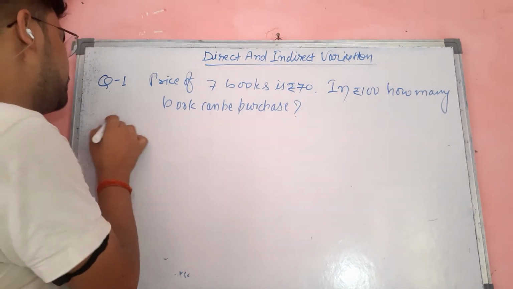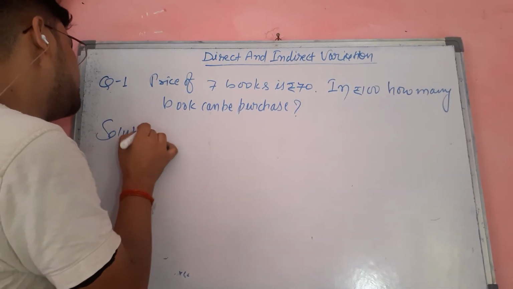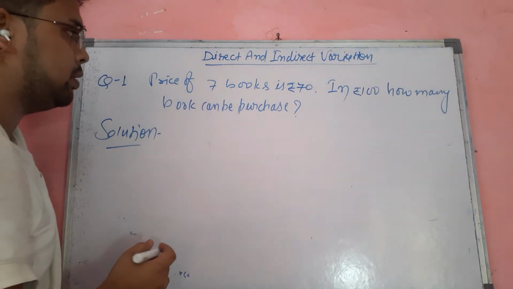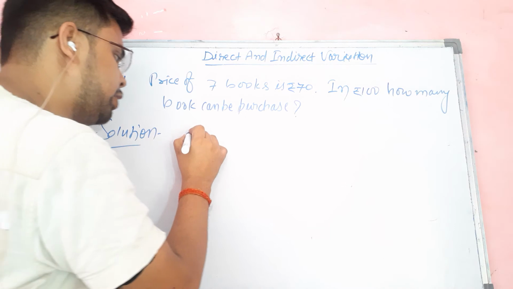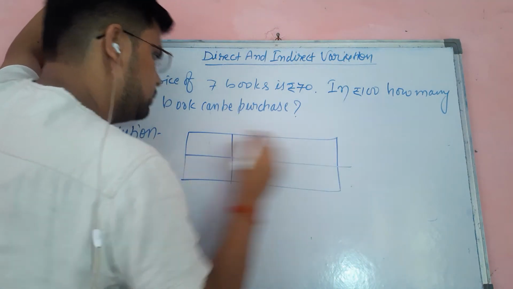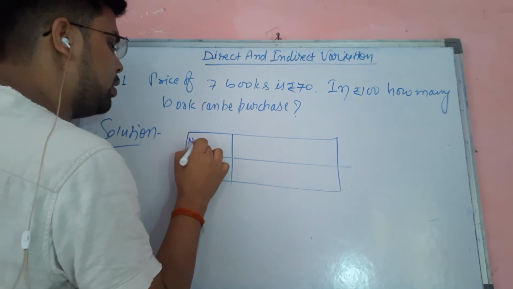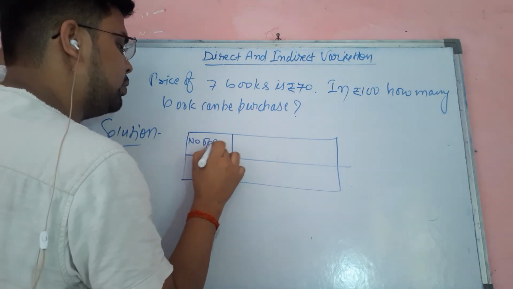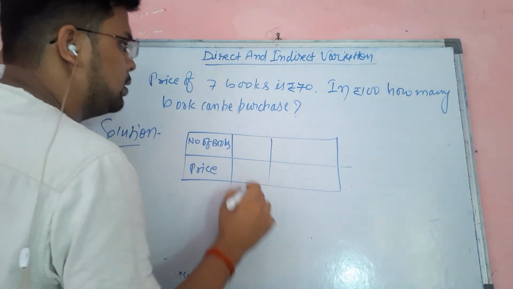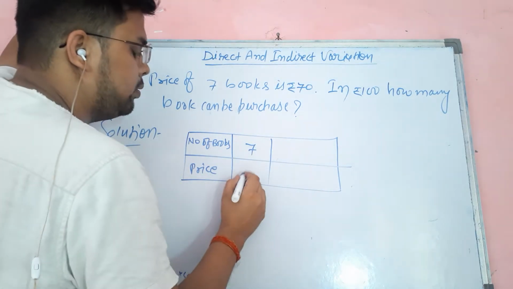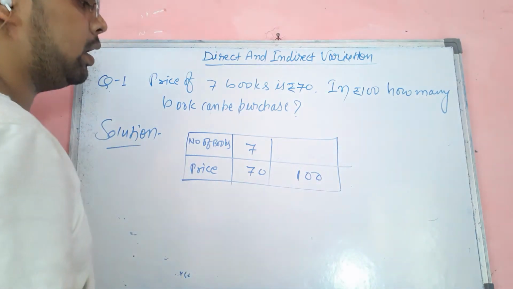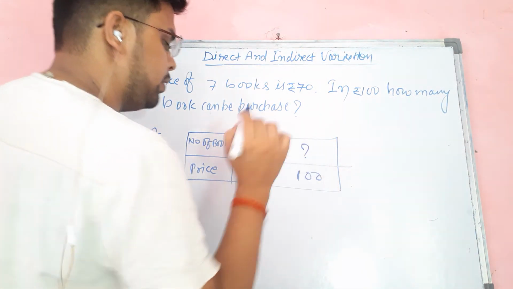So first, what will you do, children? First you will try to understand whether this is a case of direct variation or indirect variation. For this, you will make a column. This is number of books and this is price. What is the price of 7 books? That is 70 rupees. And it is asking in 100 rupees how many books we can purchase.